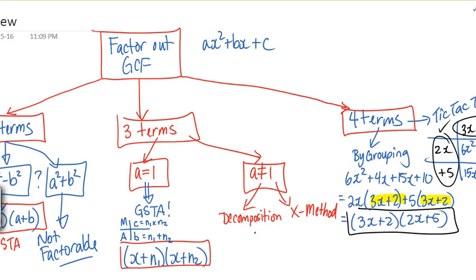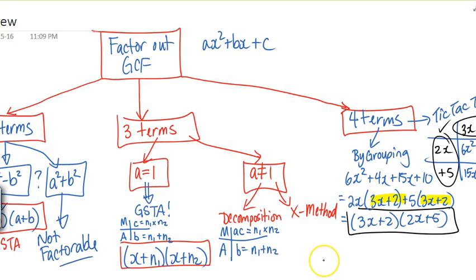You just need to know one of them and be consistent with it. So if it was a decomposition question, you're going to be starting off with a multiply to, adds to table again, but this time it's A times C. What multiplies to AC but adds to B. And you're going to get your N1 times your N2 and your N1 plus your N2.